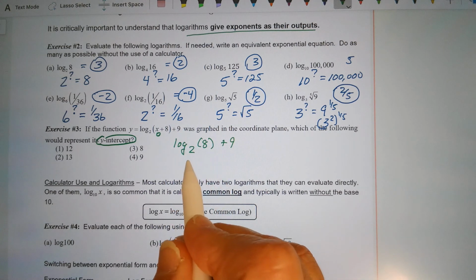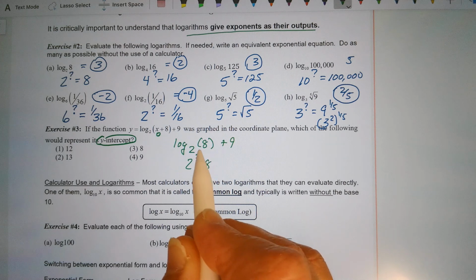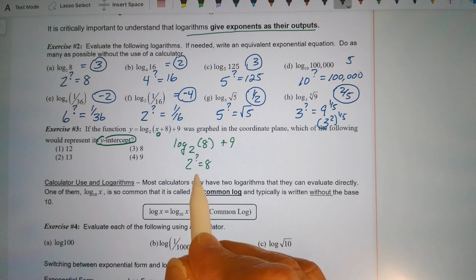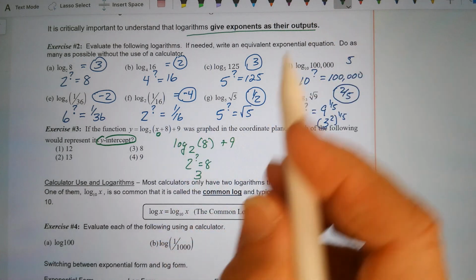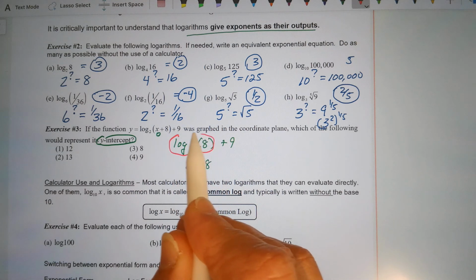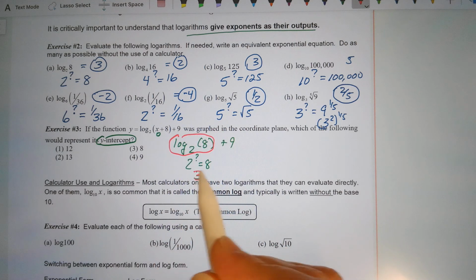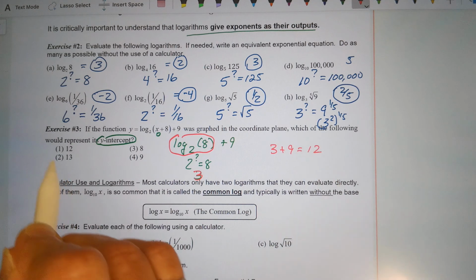What's the exponent on 2 that results in 8? That exponent would be 3. So evaluating log base 2 of 8 is 3. So 3 plus 9 is 12.